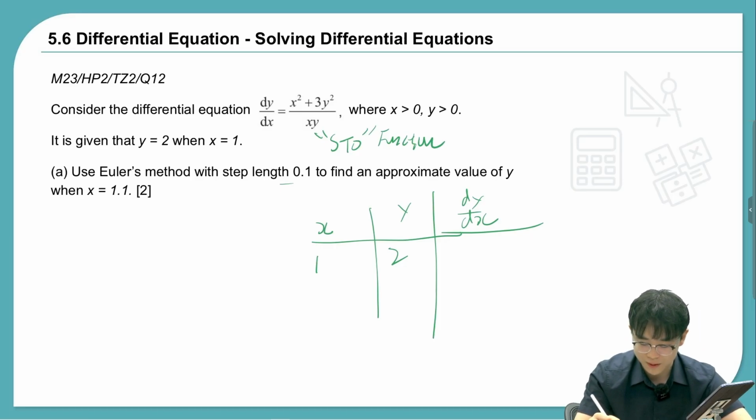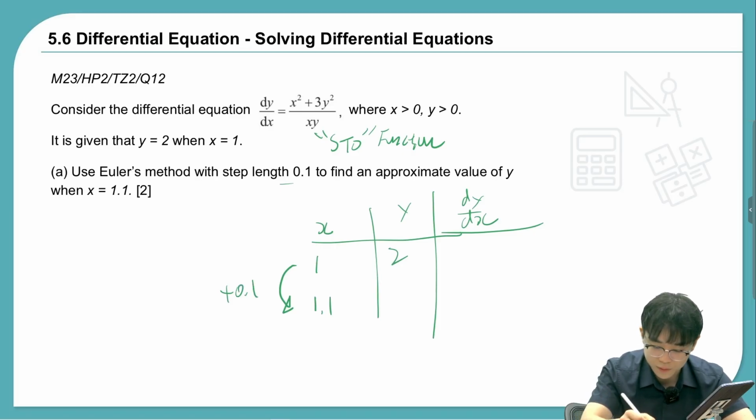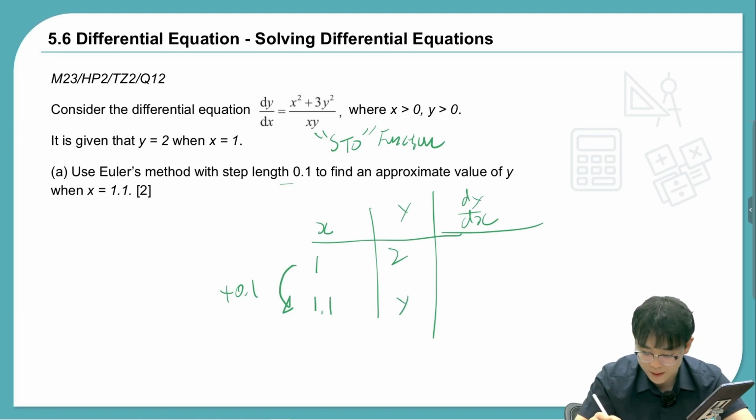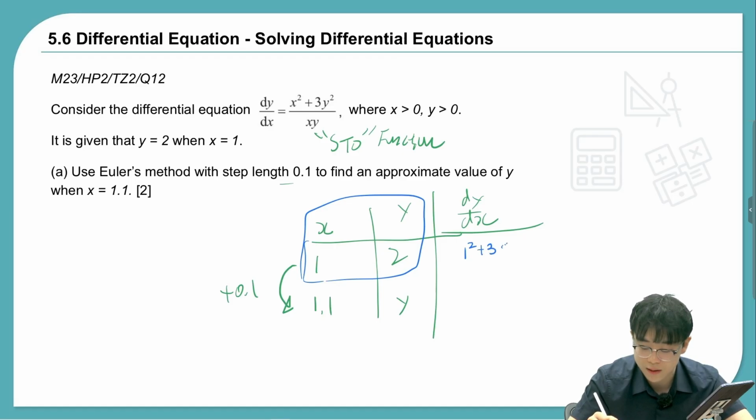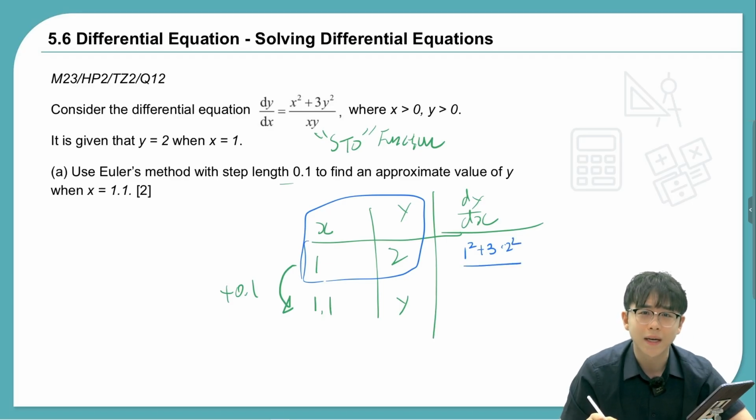Normally, in order to go from x to the next one, we would simply add the step size of 0.1. And then as for y, we calculate our dy over dx based on these x and y values, right? So we'd have 1 squared plus 3 times 2 squared all over x times y, which would be 1 times 2.